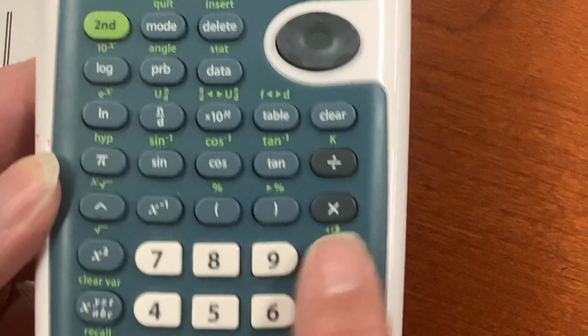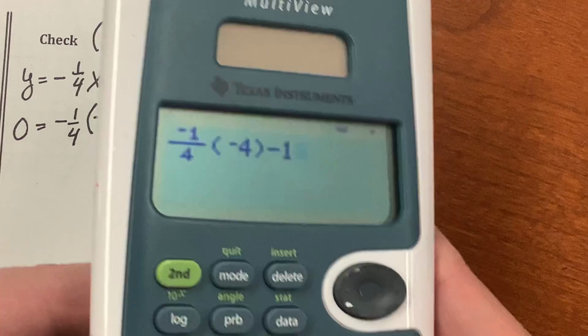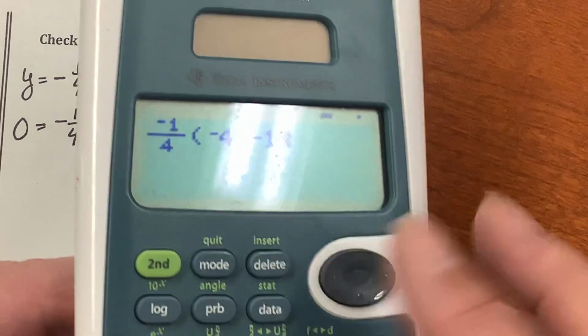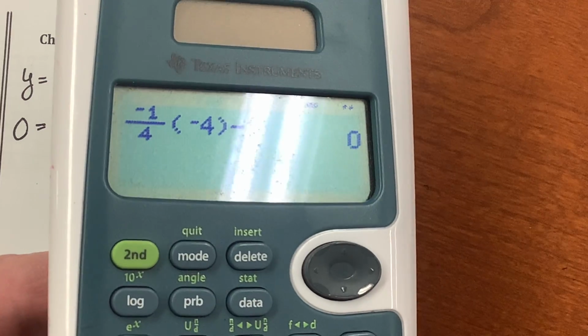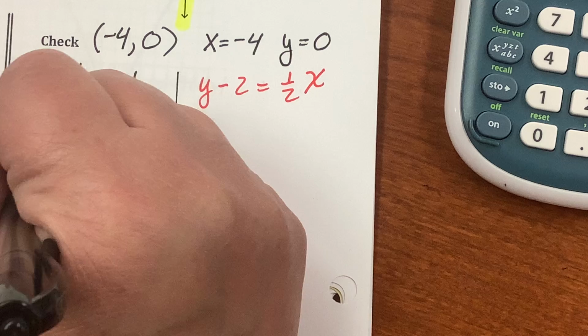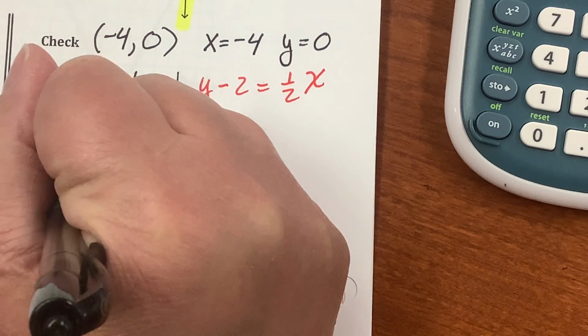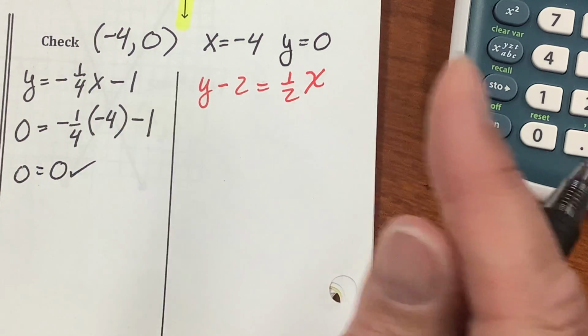If you mess up and you put them in the wrong order, you're not going to be able to solve your problem. And look, the minus sign is much bigger than the negative sign. When you press that, you get 0. Look at that. Yay us. So 0 equals 0. It checks. So that means that this is a point on this line.